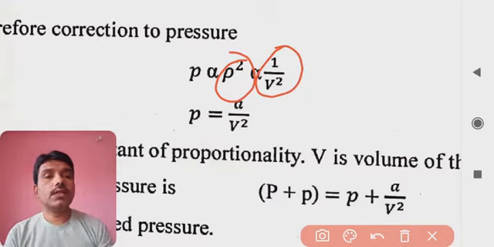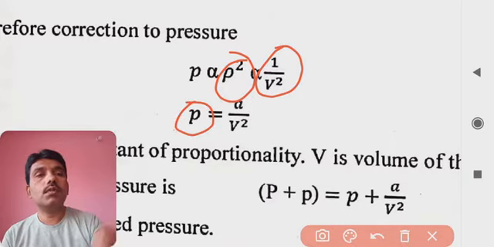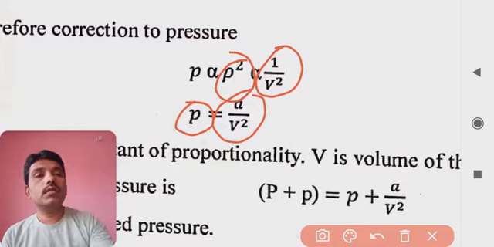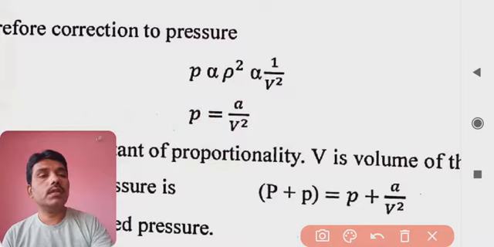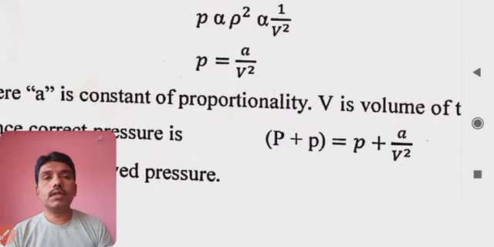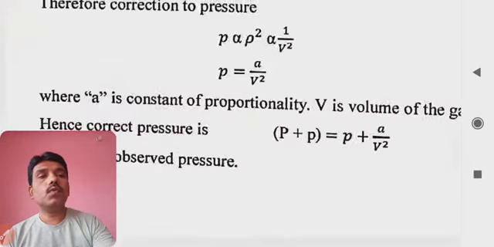So the correction in the pressure, that is small p, is nothing but A upon V squared. This A is a constant of proportionality, and V is the volume of the gas.